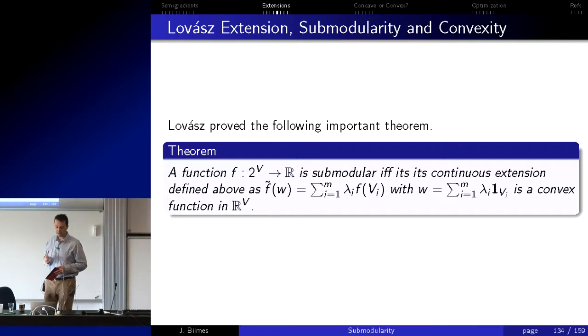And the reason it's called the Lovász extension is because Lovász showed that any discrete function that's extended in this particular way is convex if and only if the function is submodular. And moreover, it ends up being the convex envelope.